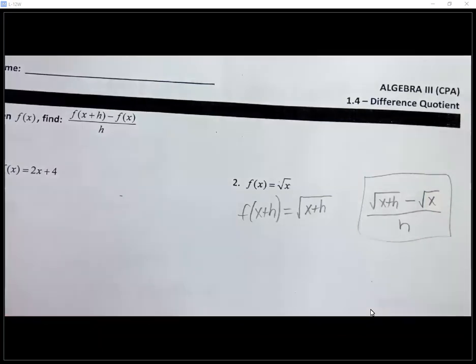Let me look for one that's not so easy. How about let's do 4. Let's do 4. That one's got some oomph to it.